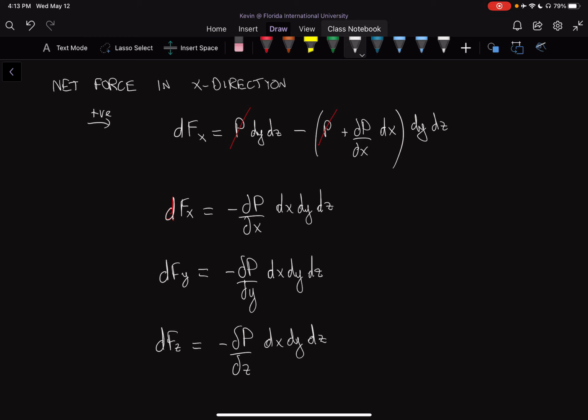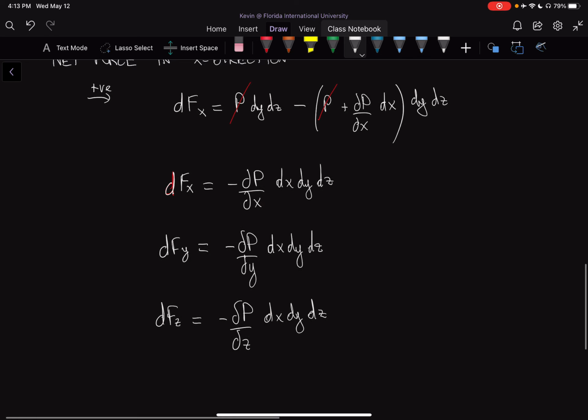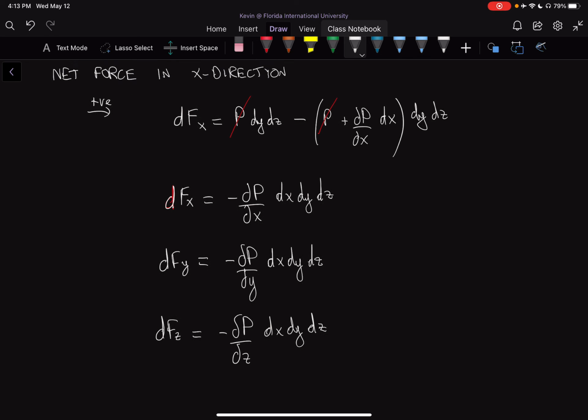Okay, so we can do the same thing in all the directions. And once we have all three worked out, we can figure out what our equation for the whole force due to pressure is going to be equal to.